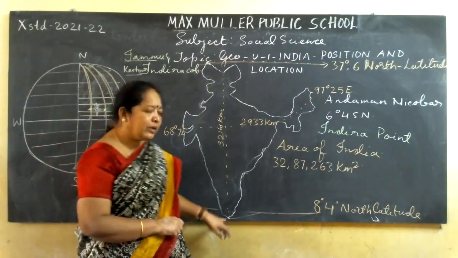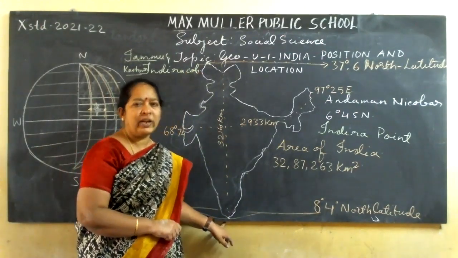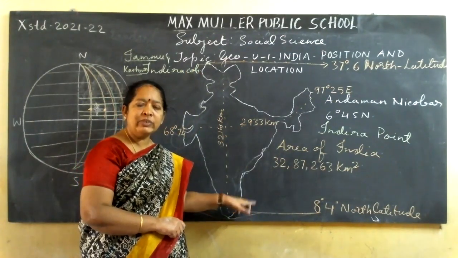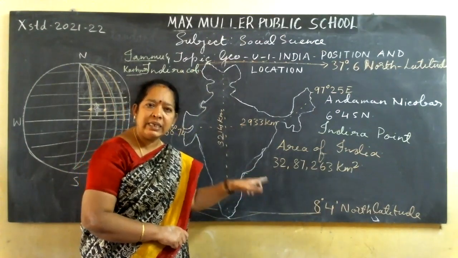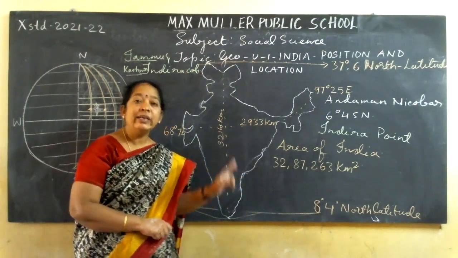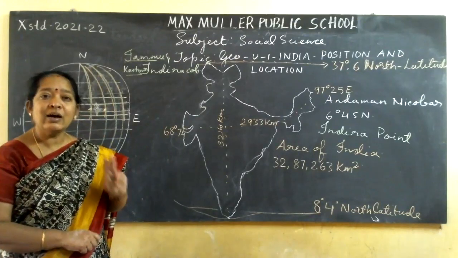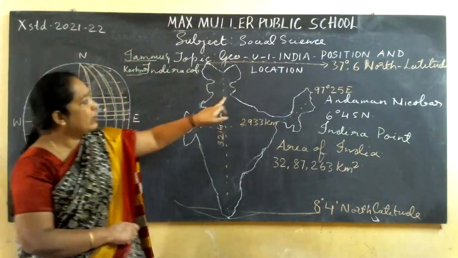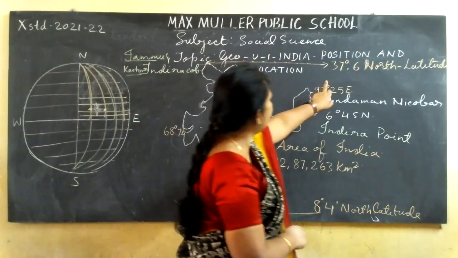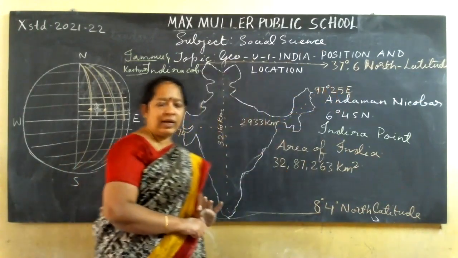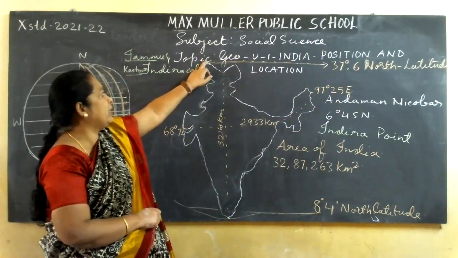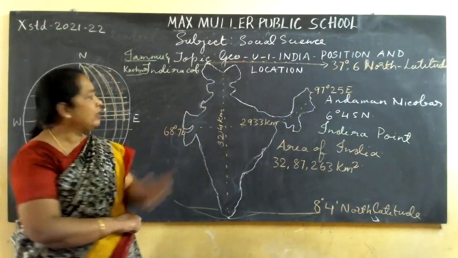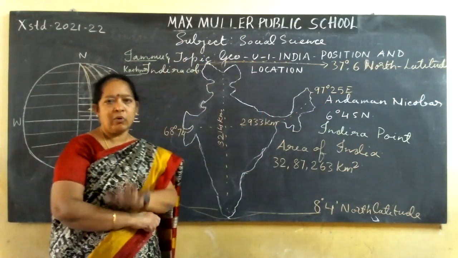Okay. And the southernmost point of India, at latitude 6°45', is called Indira Point, and 37°6' north latitude, which is in Jammu and Kashmir, is called Indira Col, right? Indira Col and Indira Point.